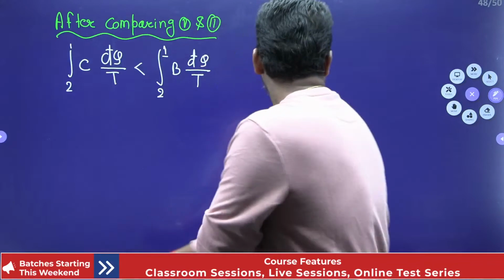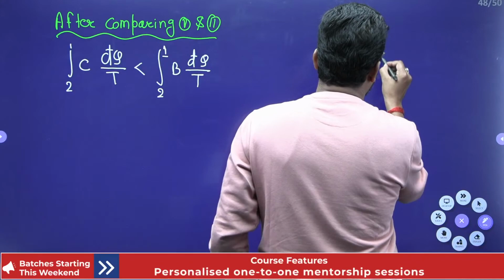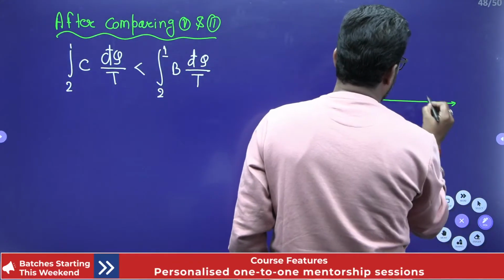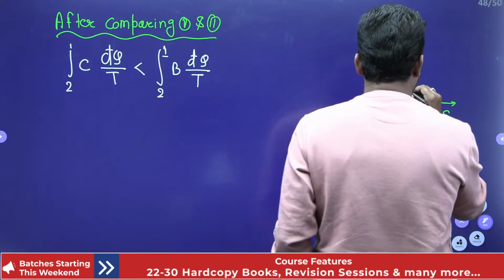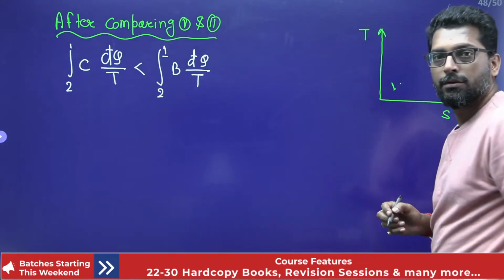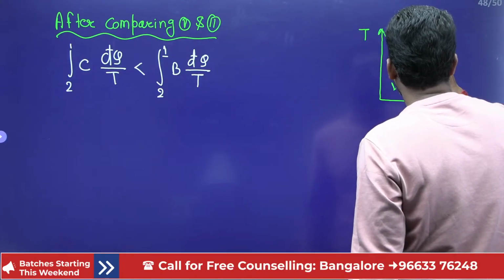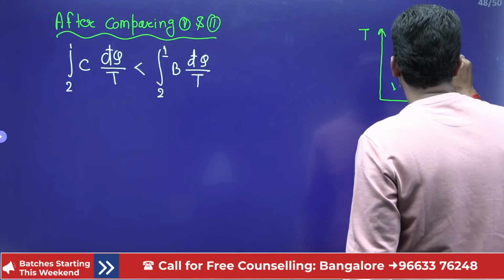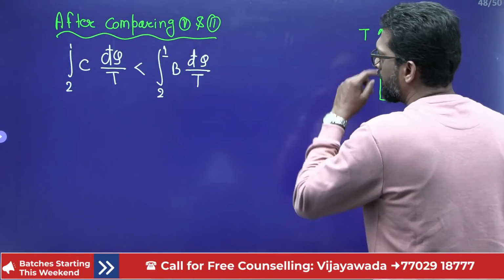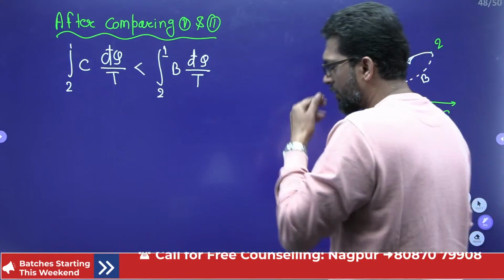Someone asks you, if this is your thermodynamic T-S diagram and there is a 1 to 2, joined by a reversible manner, and 2 to 1 joined by, this is your reversible A, this is your B, let's suppose. What's your conclusion?